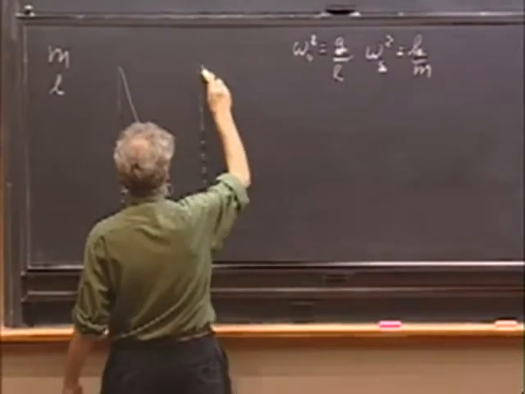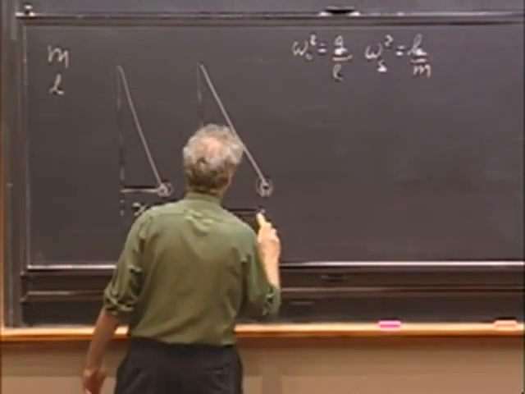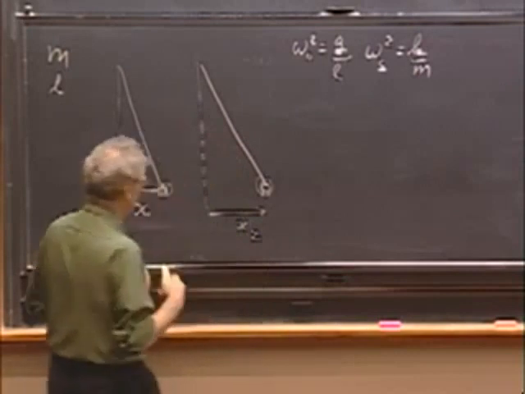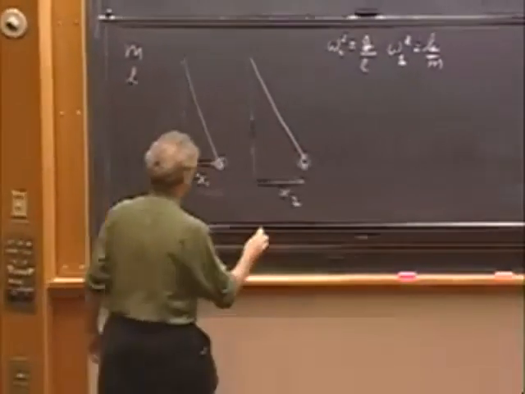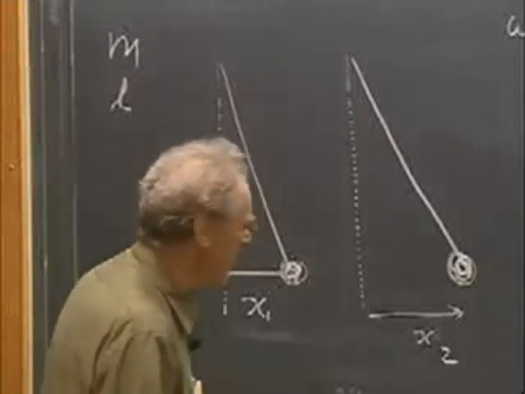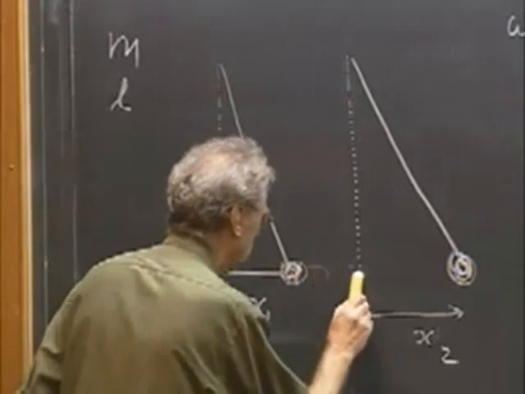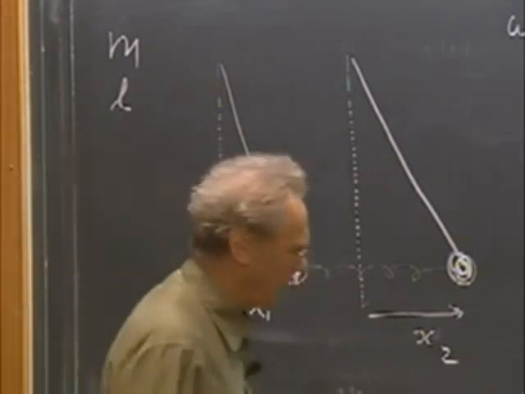And this one, I offset over a distance x2. Notice, you don't have to do that. I always offset them in the same direction. And then there is this spring that connects them. I will just make it very thin, the spring, otherwise the picture becomes a little bit too complicated.